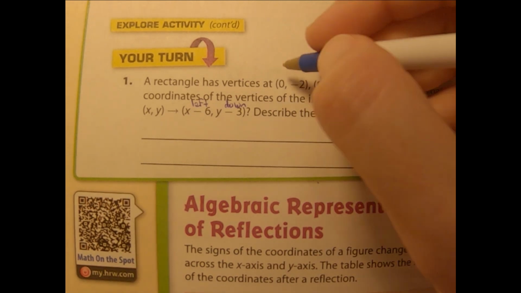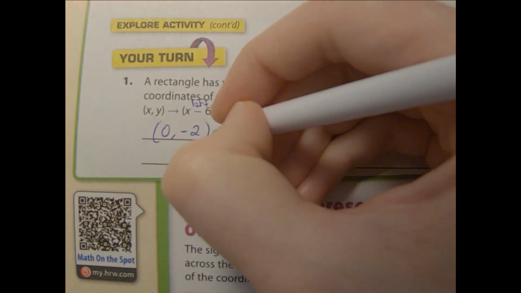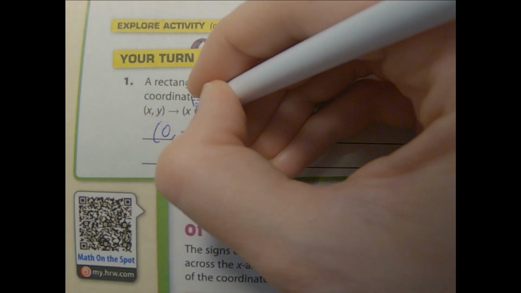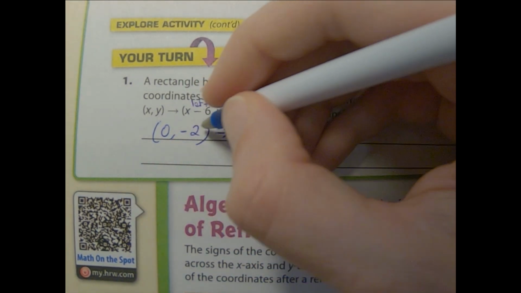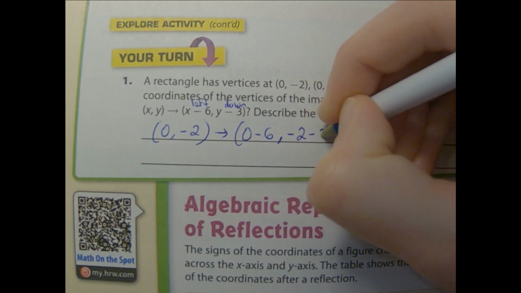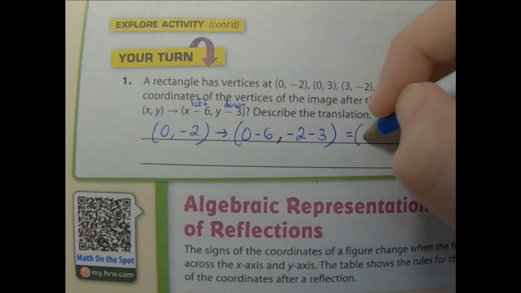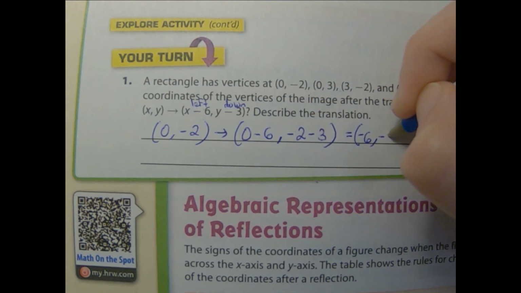So let's start with (0, -2). With my x coordinate, 0 - 6, and then -2 - 3. So my new coordinate is going to be (-6, -5).